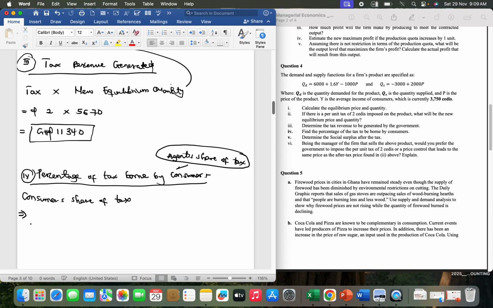With the consumers' share of tax, it's your new equilibrium price minus your old equilibrium price.